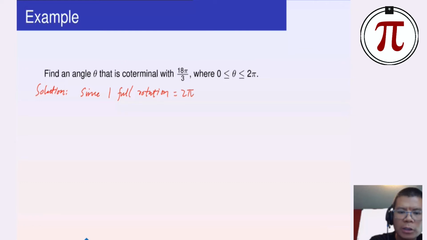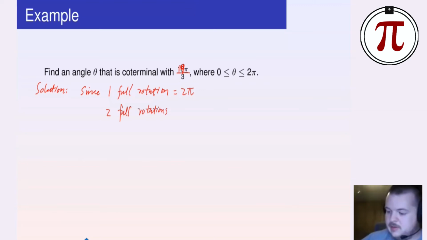Let's change the number to 19 instead of 18, so 19 pi over 3. Since one full rotation is 2 pi, and 18 pi over 3 is 6 pi, so 2 full rotations is going to be what?